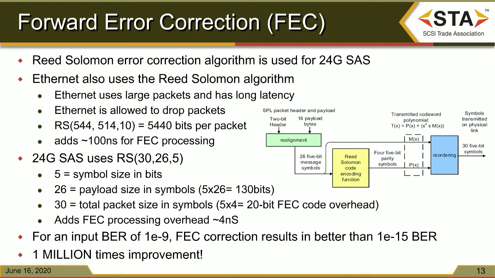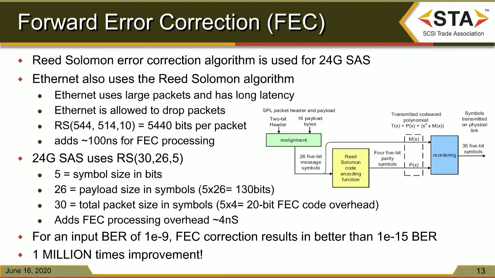On a packet that size, once you've buffered the data and then execute the algorithm, it's roughly 100 nanoseconds of delay before you can successfully say this data has been corrected and you can forward it to the egress port.